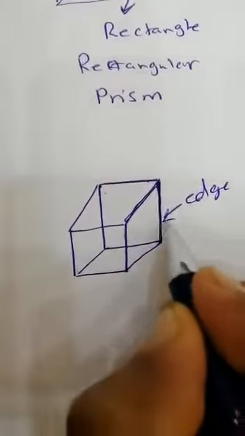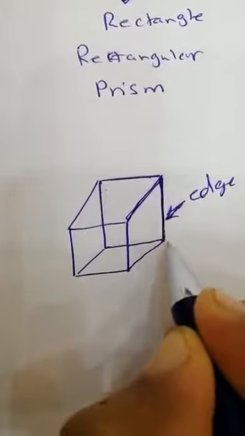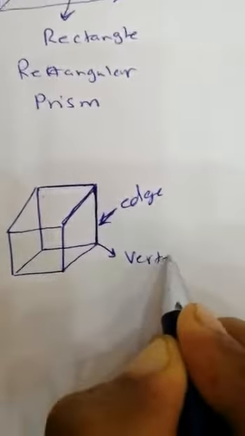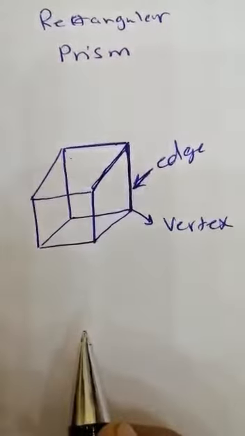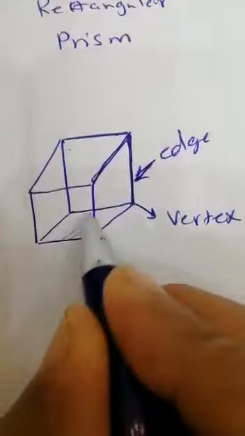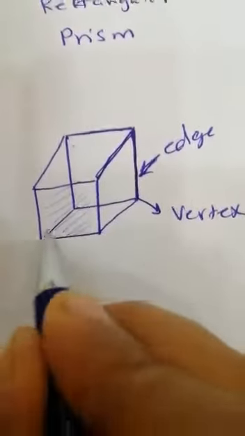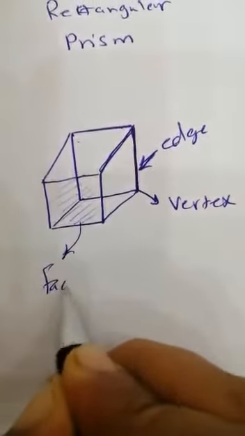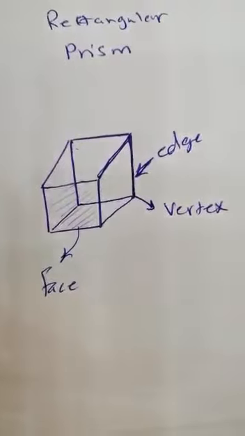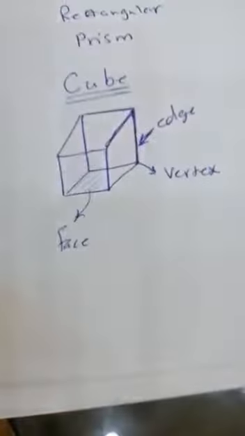And this we name a vertex, okay? And all of this, we name it what? Face. Then in the cube we have 6 faces, okay? We name it a cube. Done.